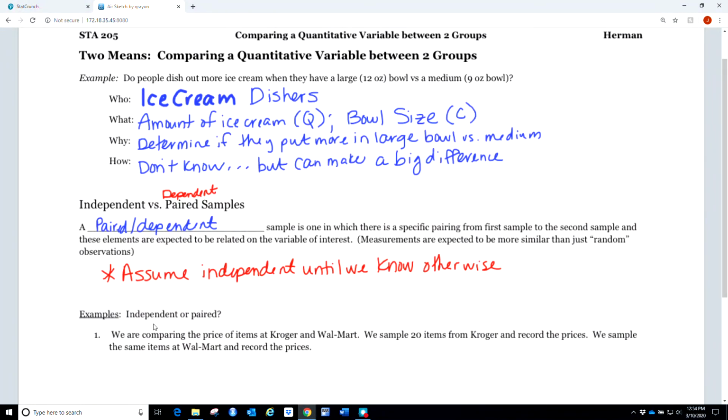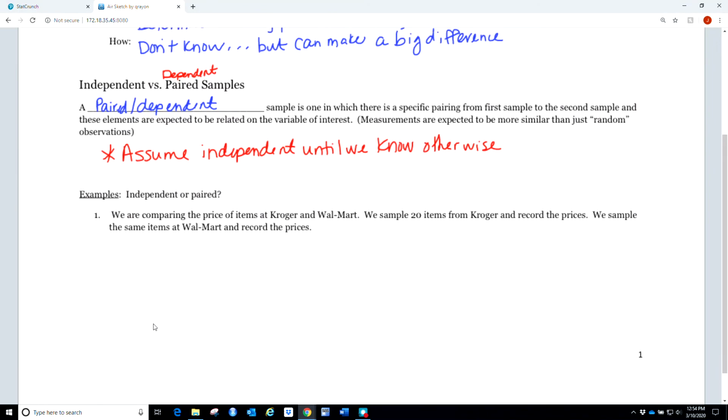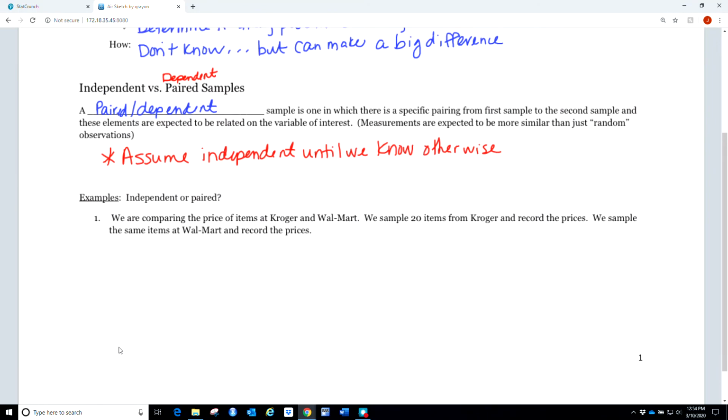So let's talk through the first two examples in this video. In our first example, we're going to compare the prices of items at Kroger and Walmart. We sampled 20 items from Kroger and recorded their prices. I sampled the same items at Walmart and recorded their prices. As you can see, to be inside this set of notes, I need a quantitative variable.